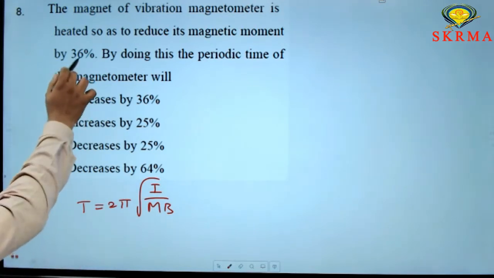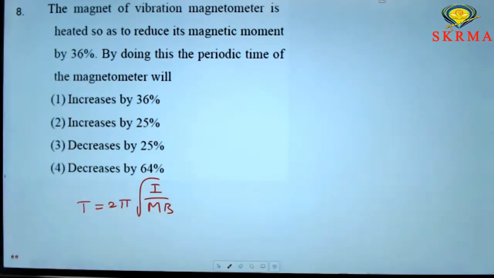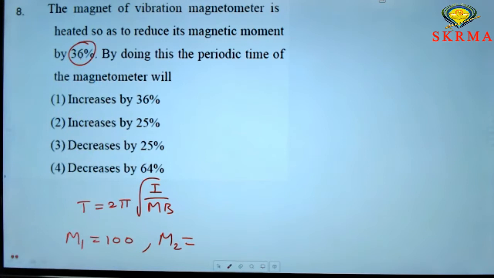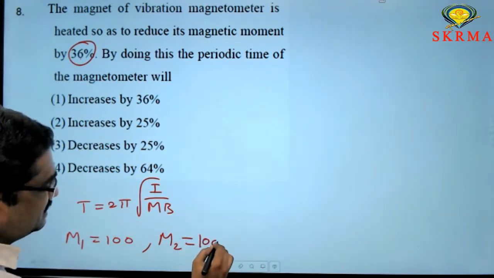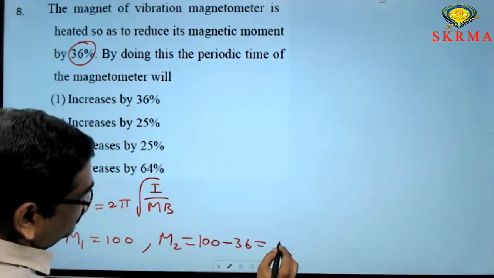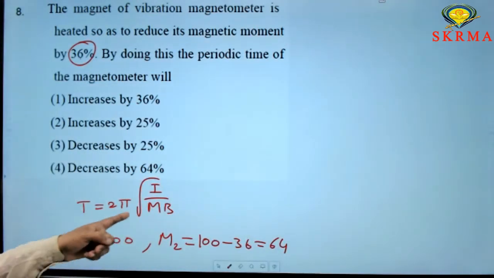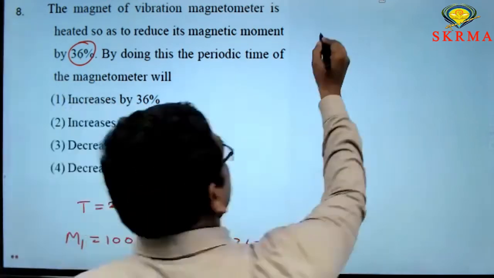Magnetic moment is reduced by 36%. Let the initial magnetic moment be 100. The final magnetic moment becomes reduced by 36%, that means 100 minus 36 equals 64. Now, what is the relation between time period and magnetic moment?